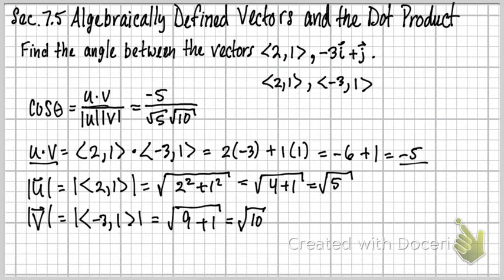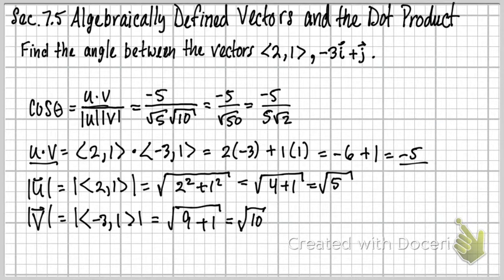And if I simplify this a little bit, I'm going to get negative 5 over square root of 50, because I can multiply those because they both have the same root. And then from here, this 50 has 25. That's a perfect square as a factor. So then I'm just going to simplify it more. So I'm going to get negative 5 over 5 root 2. And those simplify. So that's going to be negative 1 over root 2.